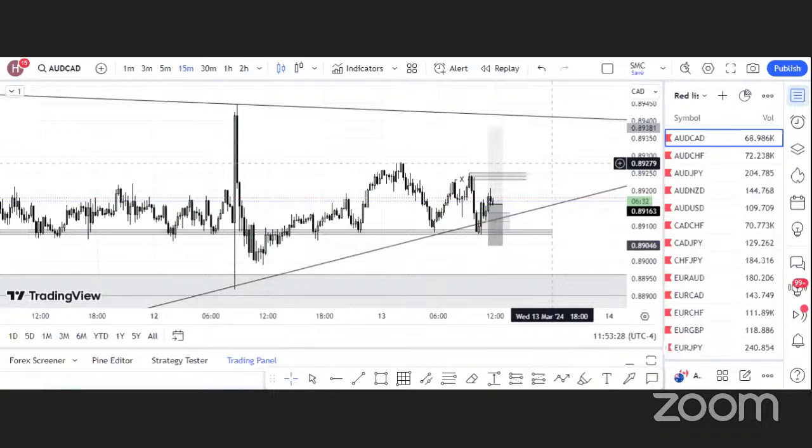Okay, so let's set our take profit and our stop loss for this trade.